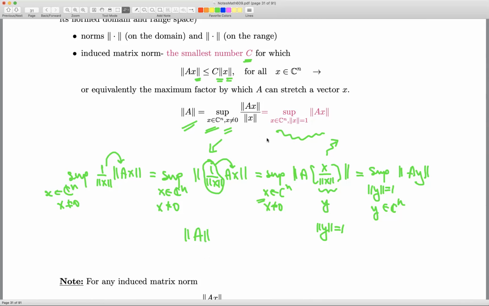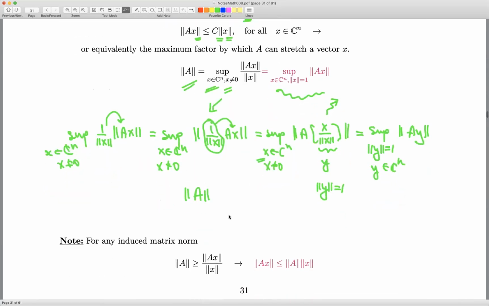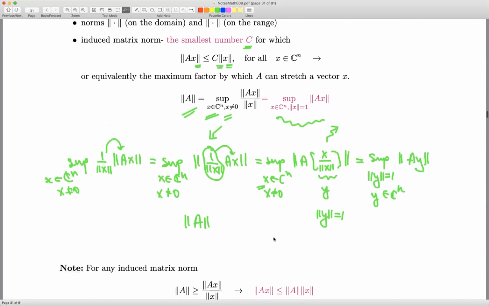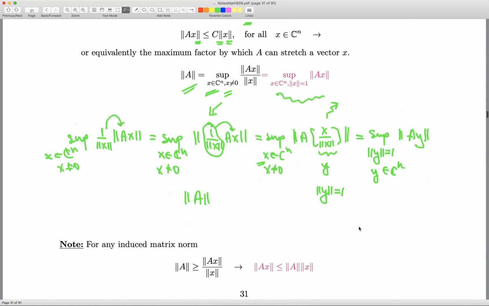Now, if this vector norm here is the one norm, then the corresponding induced matrix norm will be the one norm. So the one norm of A will be, let's use the second definition, the one norm of Ax when the one norm of x is equal to 1.